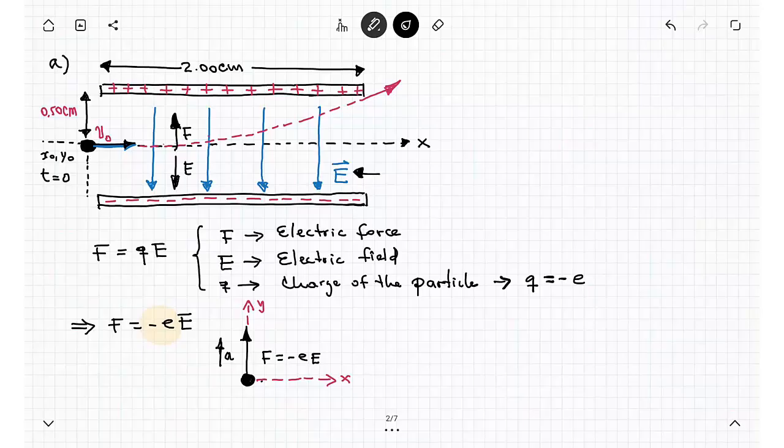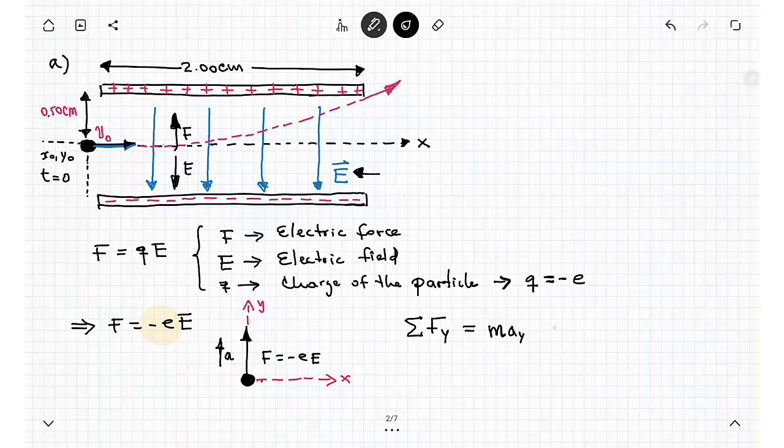So let's write Newton's second law for this particle. According to Newton's second law, the summation of the forces on the y-axis is going to be equal to the mass of the particle, in this case the mass of the electron, multiplying the acceleration of the electron, okay?